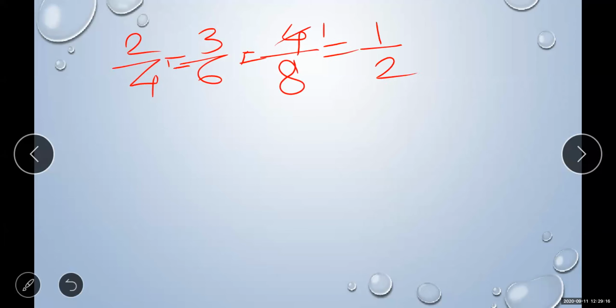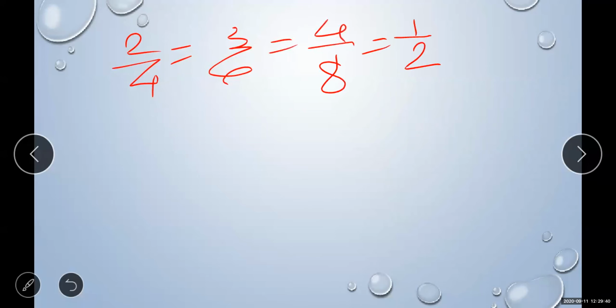Just look here, 4 ones are 4, 4 twos are 8, 3 ones are 3, 3 twos are 6, 2 ones are 2, 2 twos are 4. All are equal, because their simplest form is 1 upon 2.